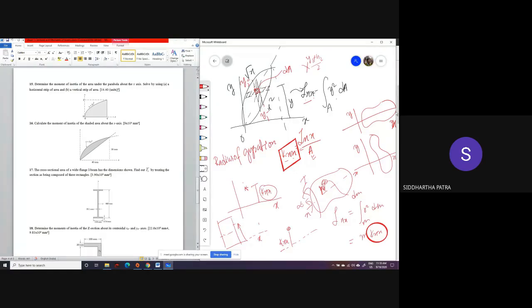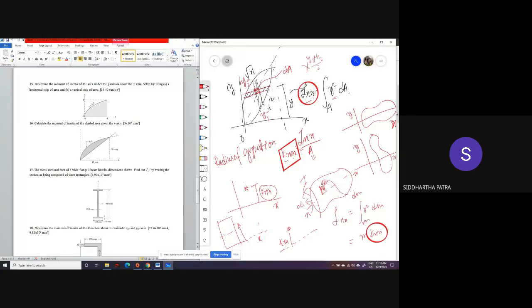So stick to the tinier differential area, or if you are really willing to go with a strip-like area, then think of what quantity you are trying to evaluate. If it is Ixx, then you are integrating y squared dA. So therefore y is something that needs to be constant on that strip-like area. So you should be taking this type of a strip.